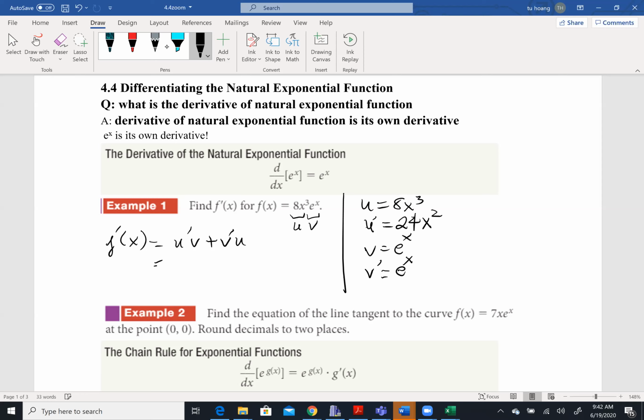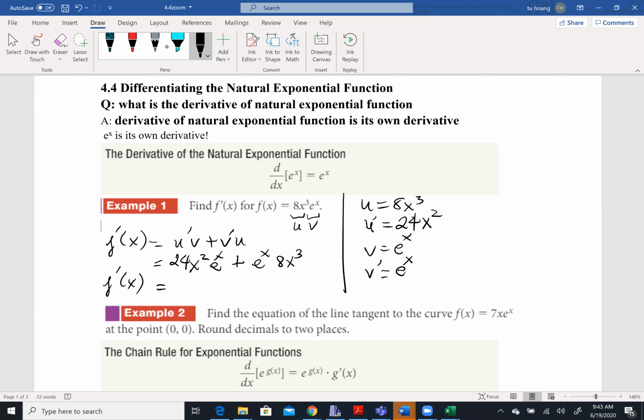So I get u prime, 3x squared, times v, e to the x, plus v prime, e to the x, times u, x cubed. And last step, I would like to factor the greatest common factor.